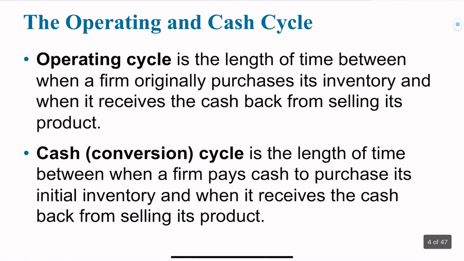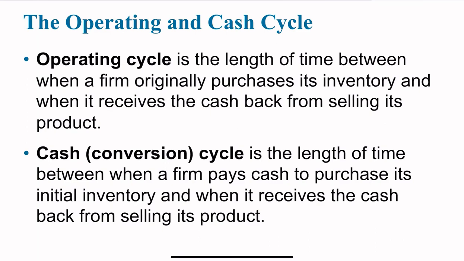Okay, so how do we measure the efficiency of working capital management? So here we will talk about two concepts: the operating cycle and the cash cycle. So what is the operating cycle?